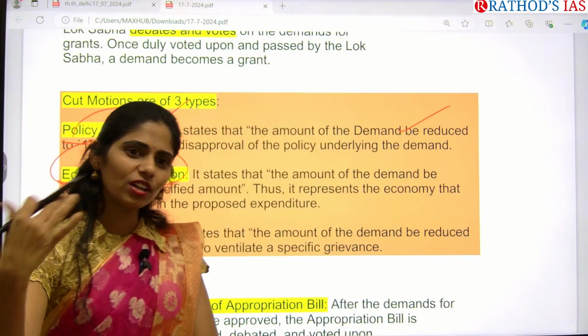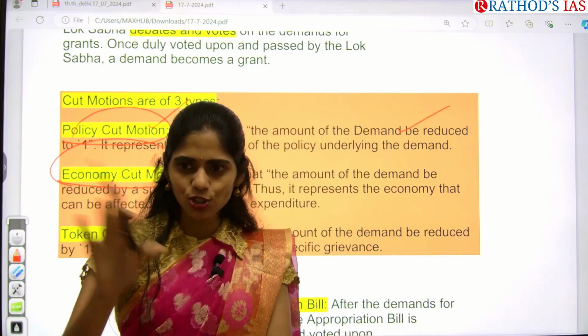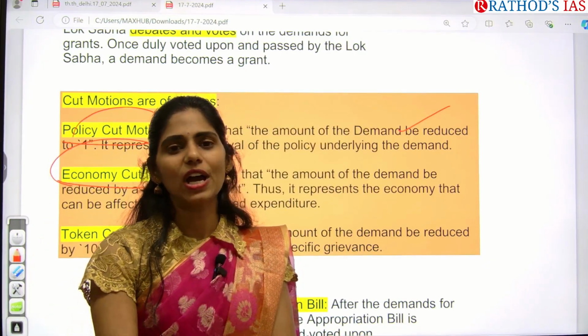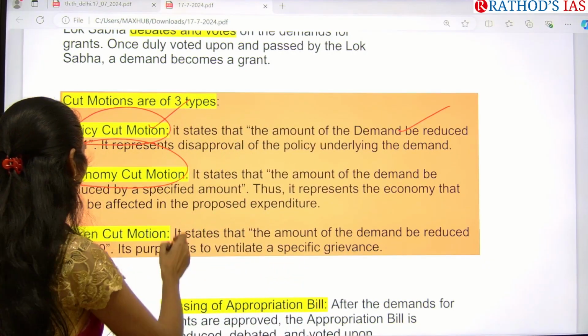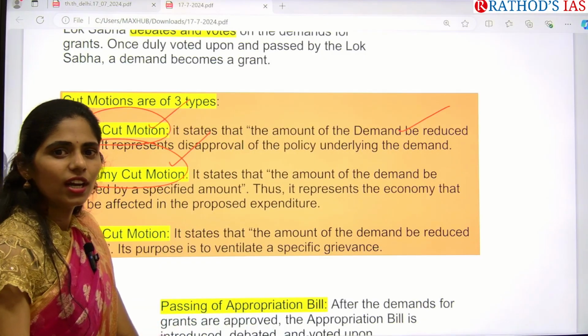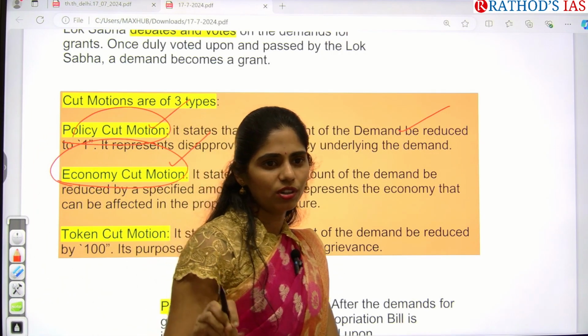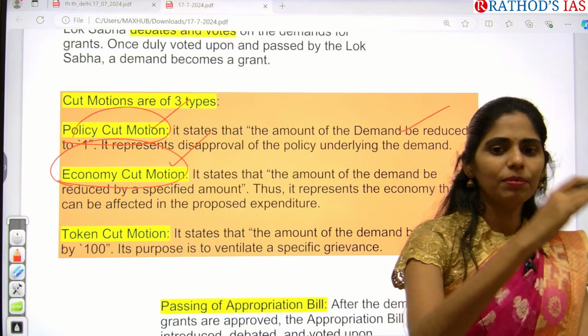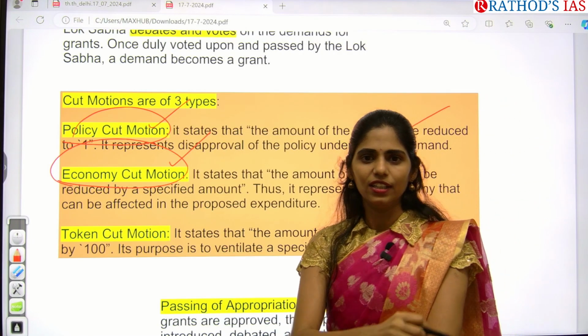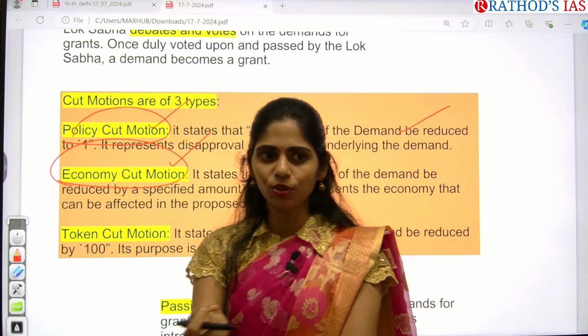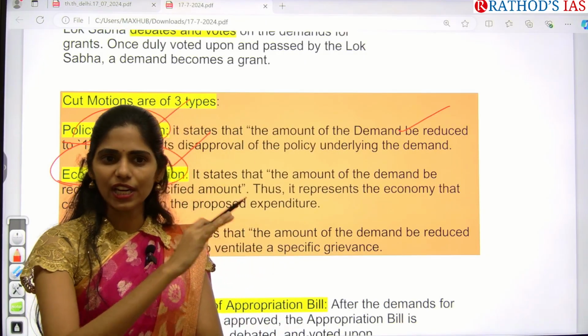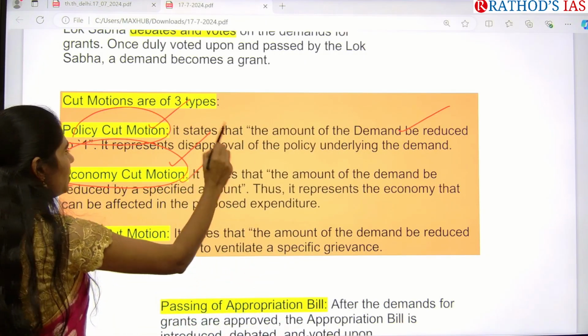Like that, counter questions will be happening. If that minister can't answer those questions, then the economy cut motion will happen. Like, I'm not going to give you 100 crore rupees for that scheme. I will reduce it to 20 crore rupees or 40 crore rupees. There will be a decrease of allotment to that scheme. That is called the economy cut motion.